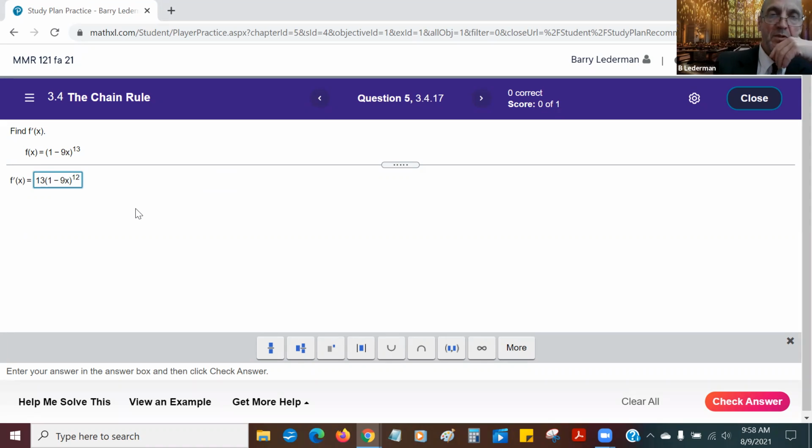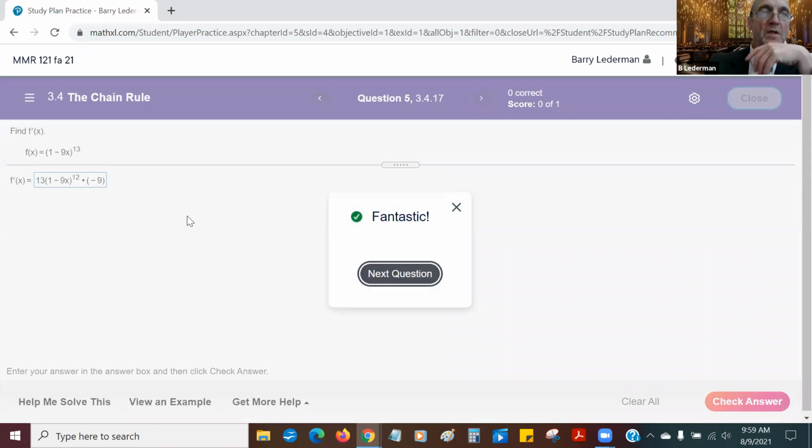And then times, now normally I wouldn't have to put that multiplication dot, but I want you to realize that I want to have the outer times the inner derivative, which is -9. And there you go. Now, normally I would not necessarily write it this way. I would write just negative, what's 9 times 13, 117, whatever, it doesn't matter. This is it. That's my outer, that's my inner, we're all good.